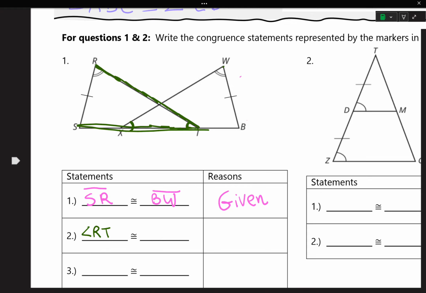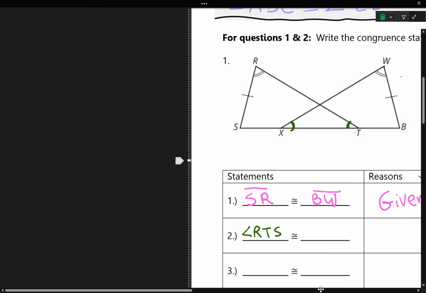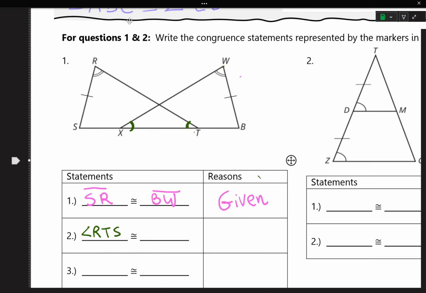Angle RTS. Now, if you take a look, letter R has two arches, then it goes to T with one arch, then it goes to S with no arches. Let's follow that same thing for the other triangle. I'm going from a double arch, so that's W, to a single arch, that's X, to no arches. So angle WXB. And that was given to us too.